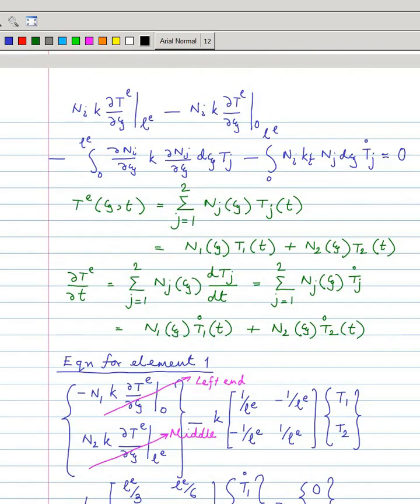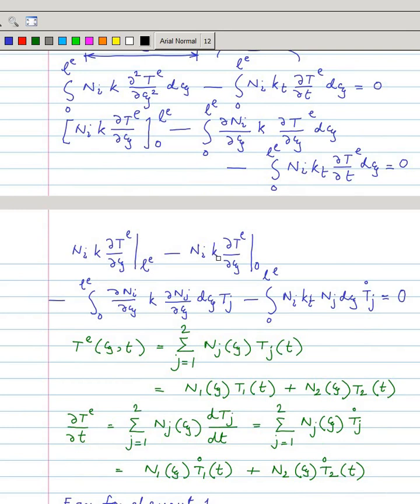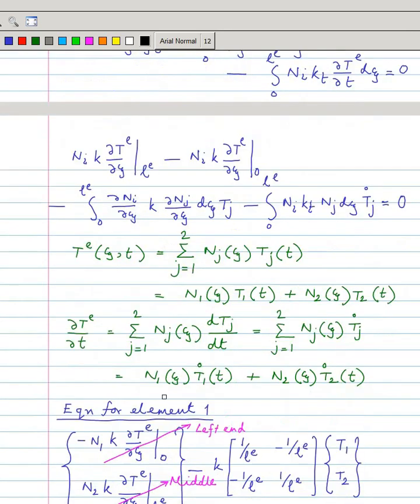So for i equal to 1, at the left end N1 is 1, at the left end that means at this point N1 equal to 0 for the other function. So this term goes, this term remains. So minus N1 k 0.